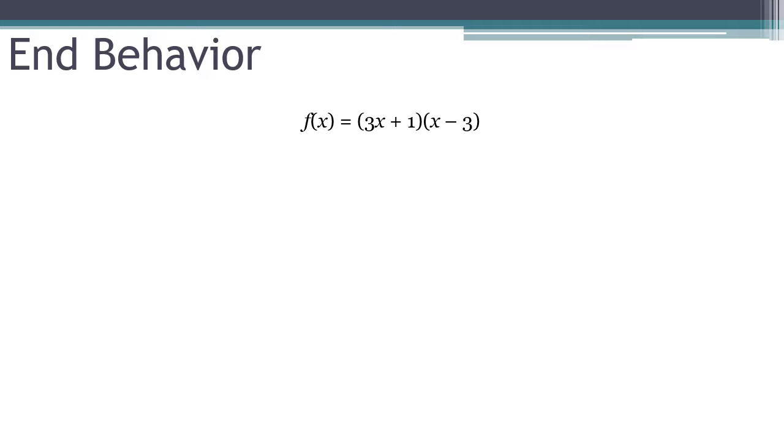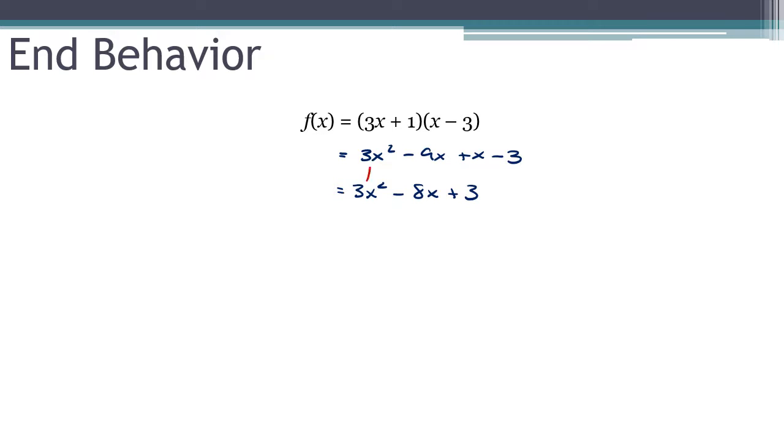Right, so if we multiply this out, this will be 3x squared minus 9x plus x minus 3, which is 3x squared minus 8x plus 3. All right, now, where did the leading coefficient come from?